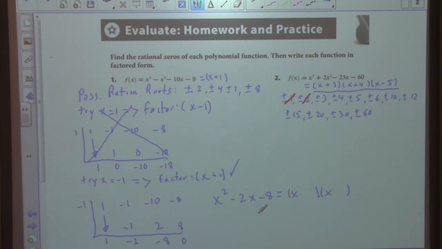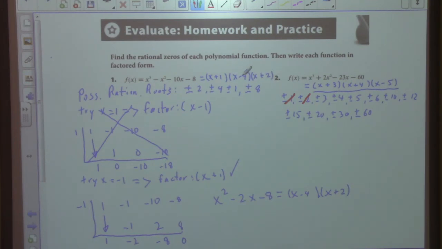Brian says negative 4 and 2, so let's try x minus 4 and x plus 2. Does that look good? Because if we multiply these back together, we get negative 4x and 2x, which add up to negative 2x. That looks good to me. So now we can fully write our answer, can't we? You have x minus 4 here, and then x plus 2.